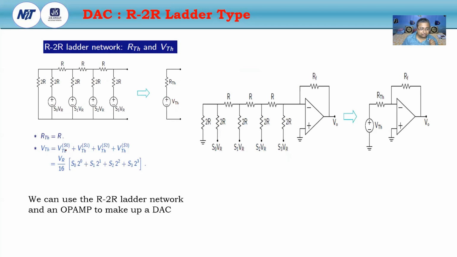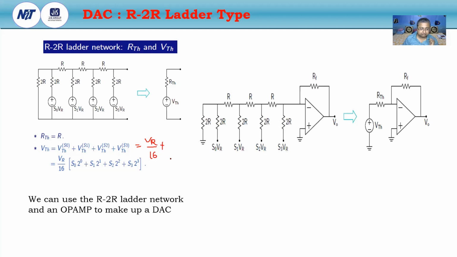VTH is equal to, when S0 is 1, when S1 is 1, when S2 is 1, when S3 is 1. So what will be the value? First, this is VR by 16 when S0 is 1, as derived before.